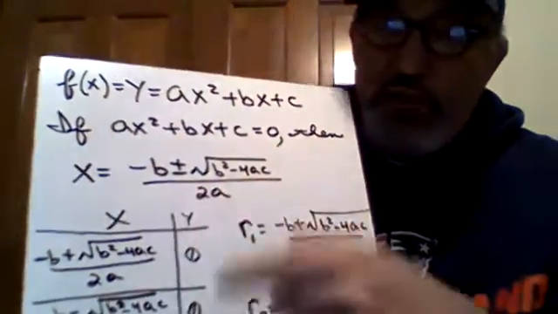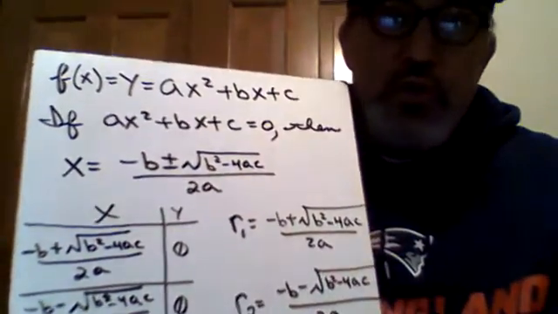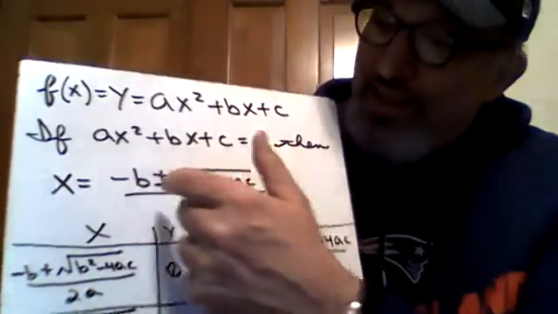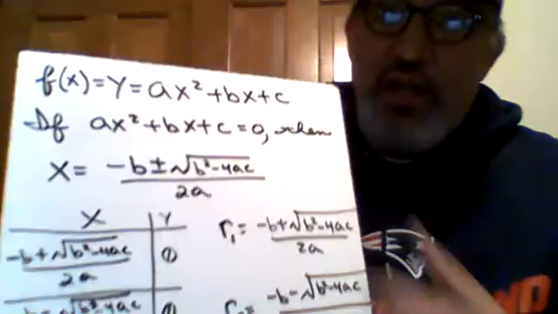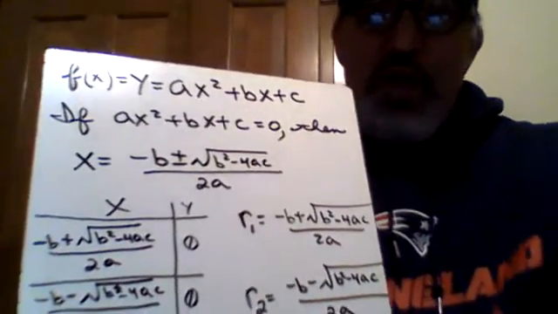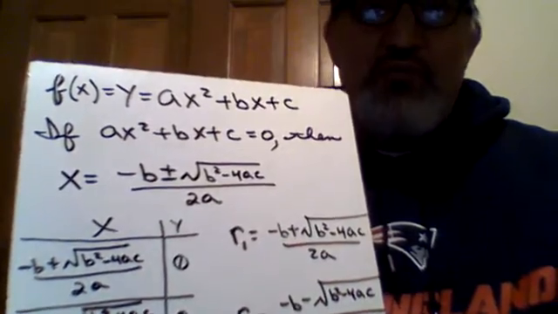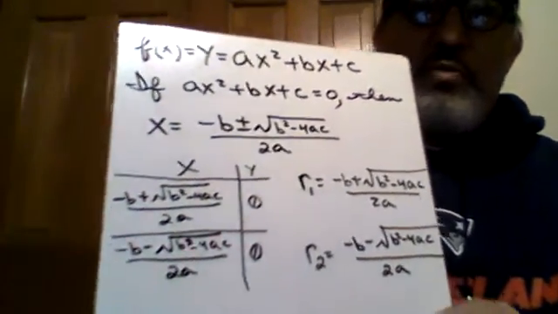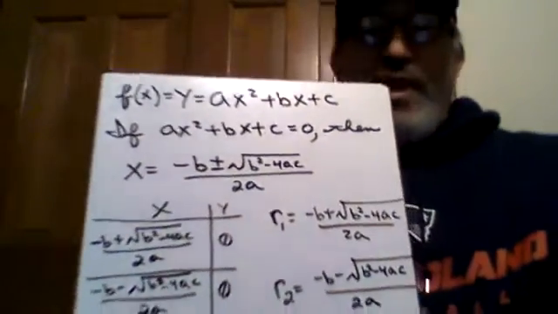This is just a convenient way of writing the two numbers without having to use as much ink. It's really two numbers, one using the plus sign, one using the minus sign. And of course, it's negative b plus or minus the square root of b squared minus 4ac all over 2a. Awesome. Once you remember to say that, you should never forget it.